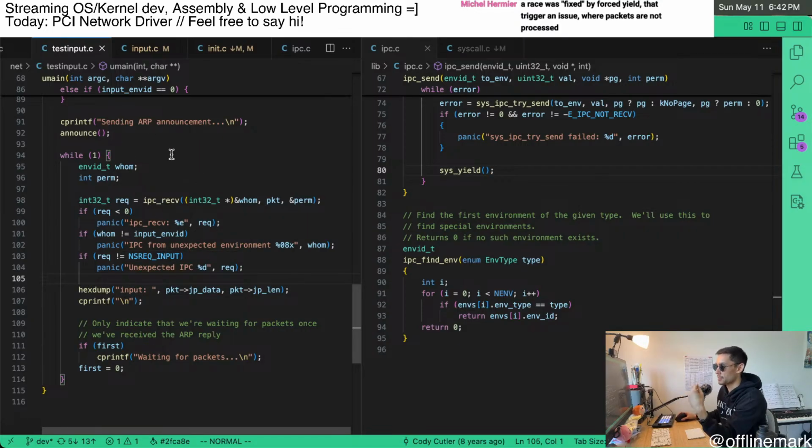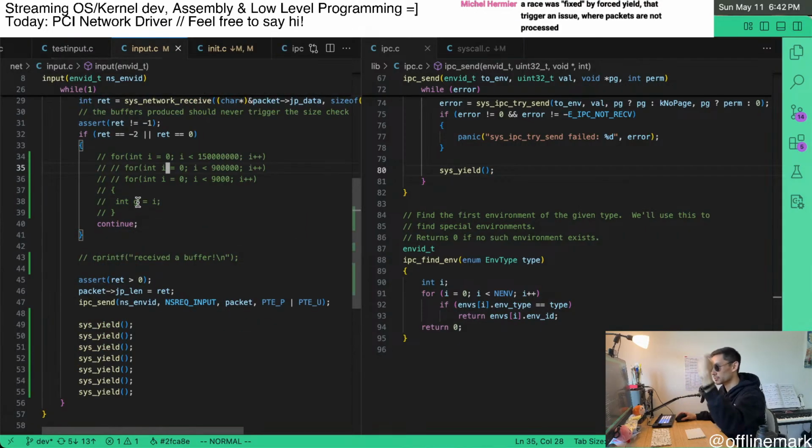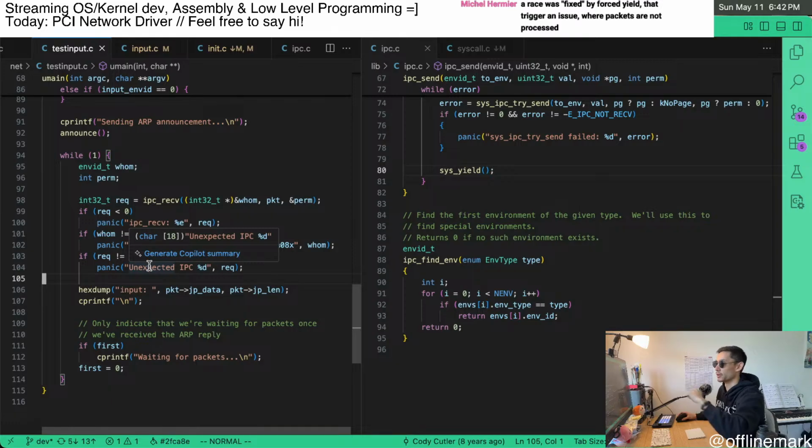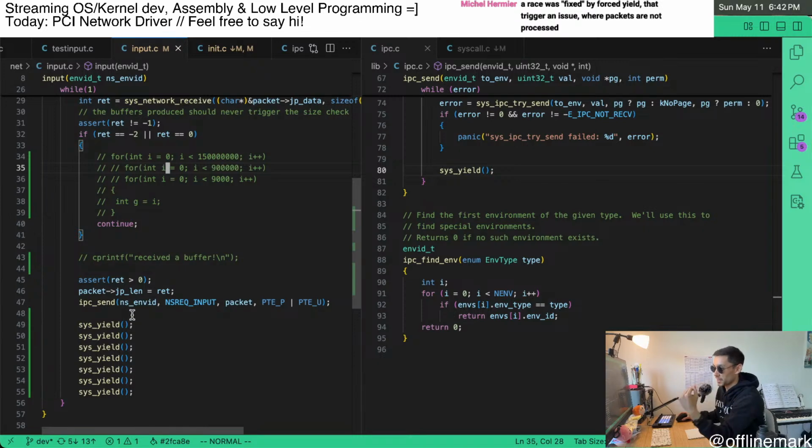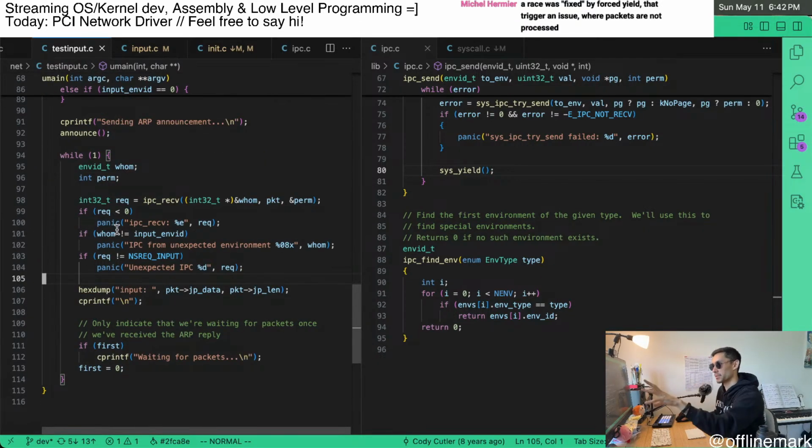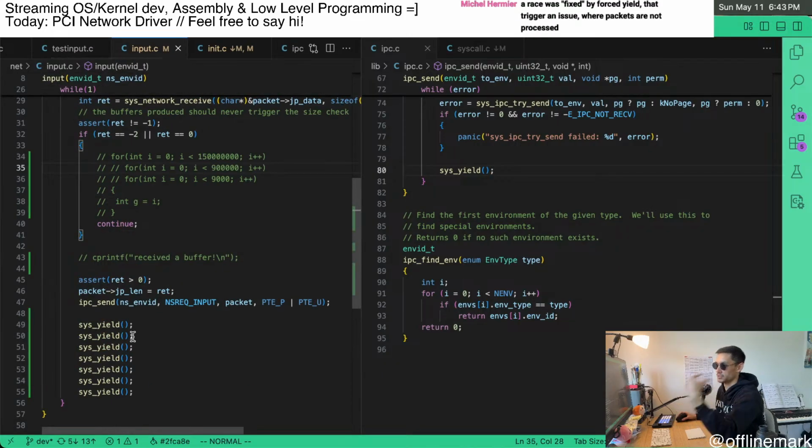This thing would run too fast and overwrite the previous data, and that overwrite caused this process to miss a packet. So by spamming the yields, we ensure that this parent process will get the time it needs to see every single packet, because we slow down this one by a lot.